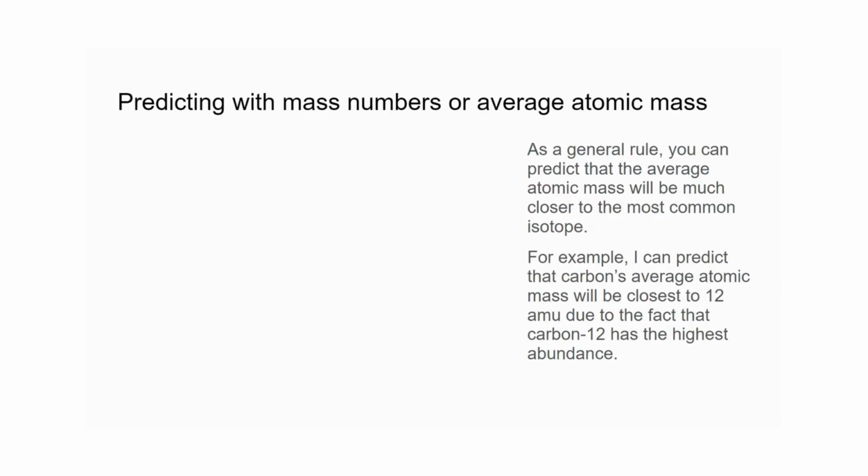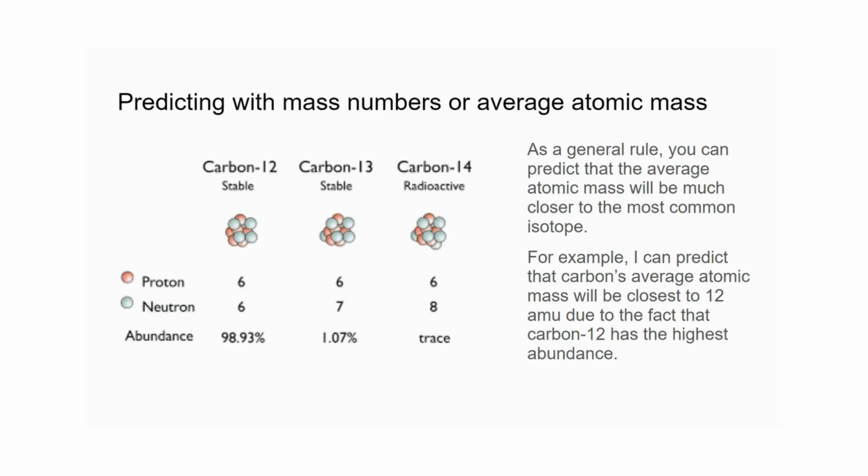You can also do a lot of predicting based on things that you know about either the isotopes or the average atomic mass itself. Because it's a weighted average, the average atomic mass is always going to be much closer to the most common isotope. So if I pull back that carbon isotope figure I showed you before, carbon-12 is present at essentially 99% abundance.